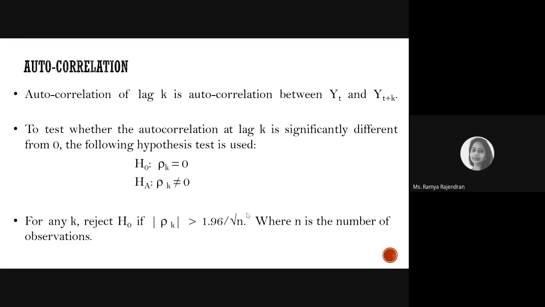Based on the number of observations, for example, in our breakfast prediction data set we had n equal to 150, we apply that and get a value, and then we find out whether there is a significant difference or not.